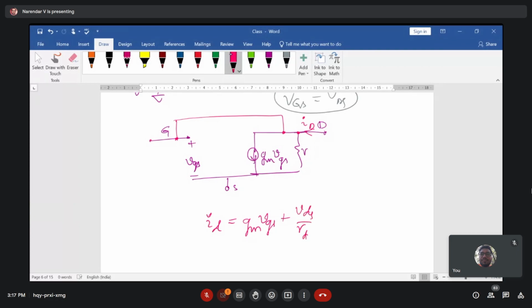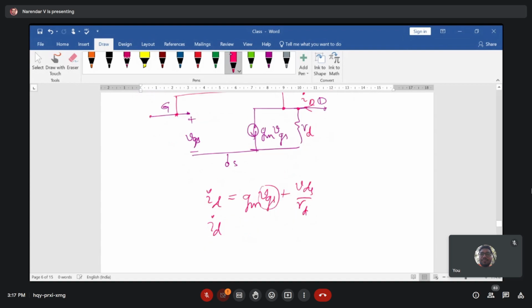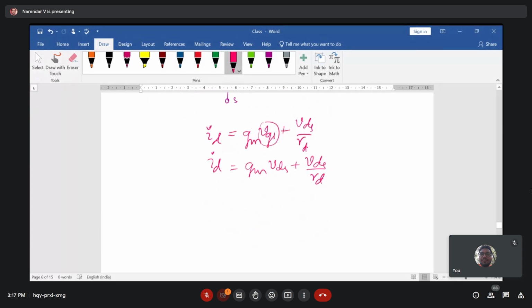Instead of R naught, if you write it as RD, then it is RD. Now VGS and VDS are both the same. What we try to do is just replace VGS, which is equal to VDS. So ID, in terms of drain voltage and drain current, is GM times VDS plus VDS by RD.